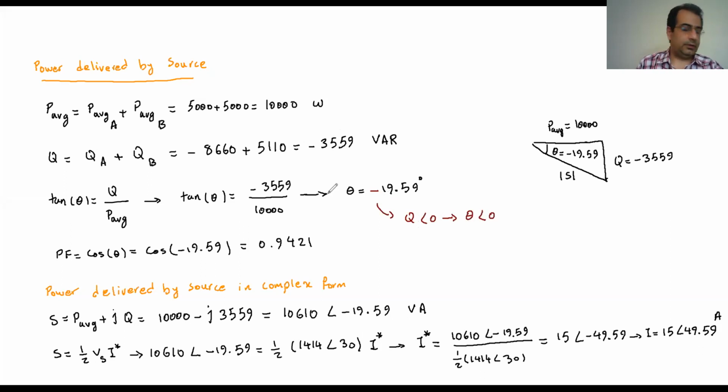It is a capacitive load. So this is how we can use the power triangle to analyze the AC circuit.